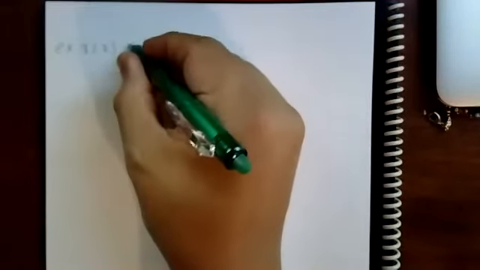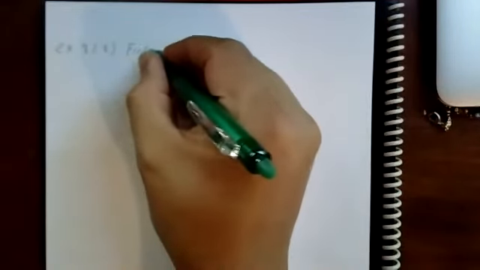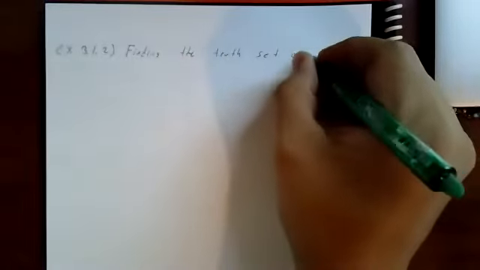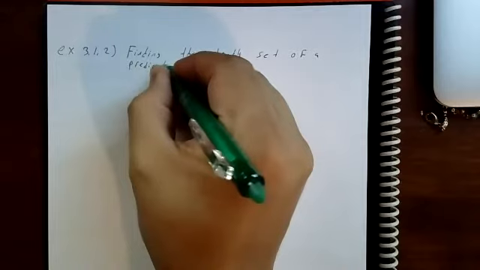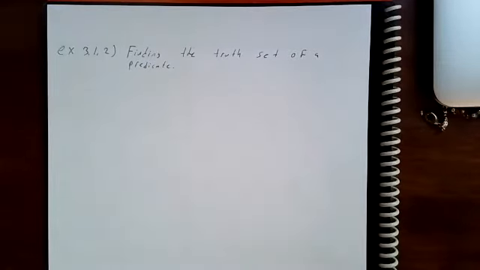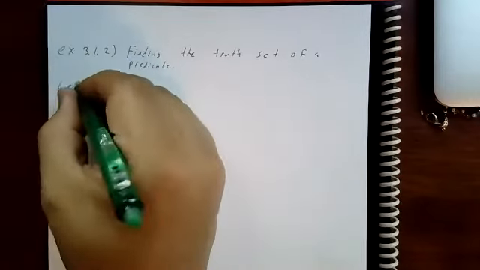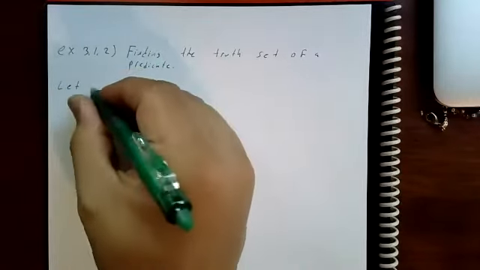So, finding the truth set of a predicate. Let the predicate be denoted as Q of n.